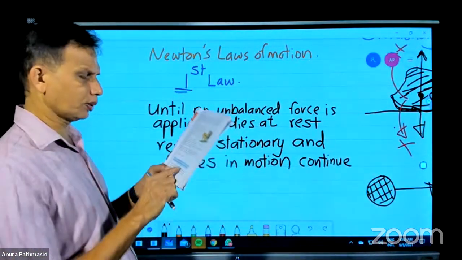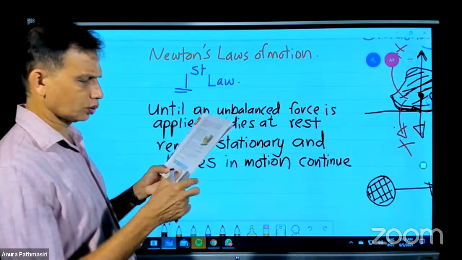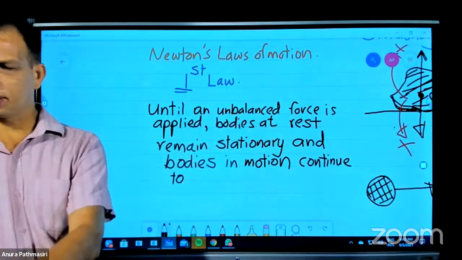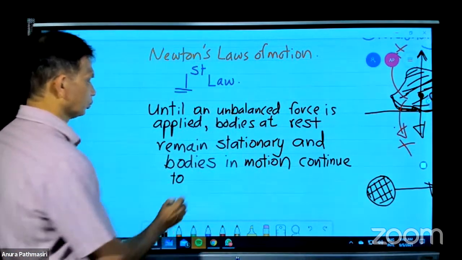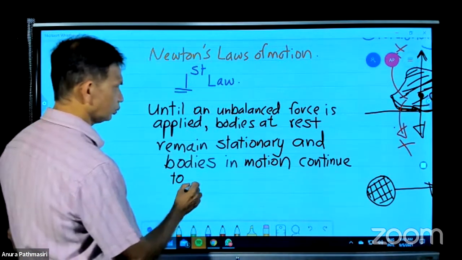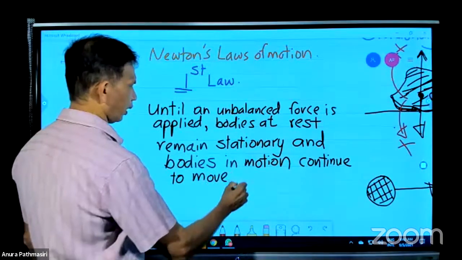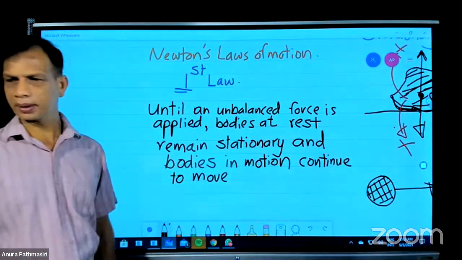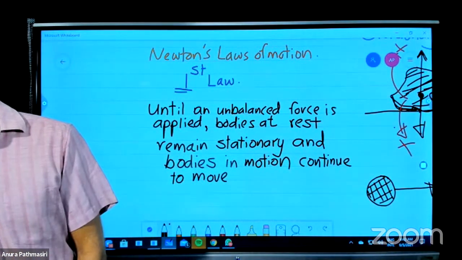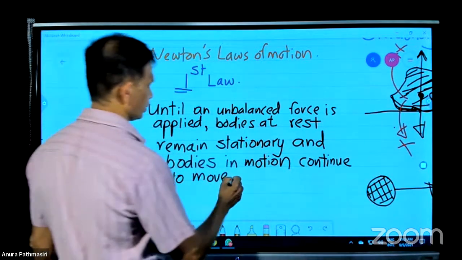I'm using the same words as in the book. Continue to move at uniform velocities. Am I correct? To move at uniform velocities.